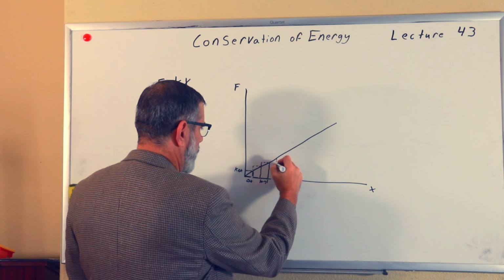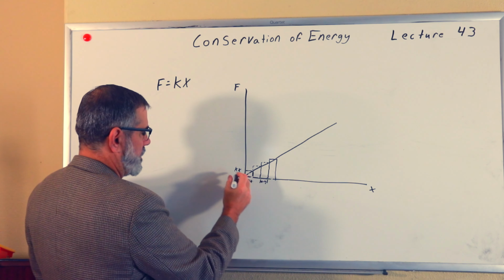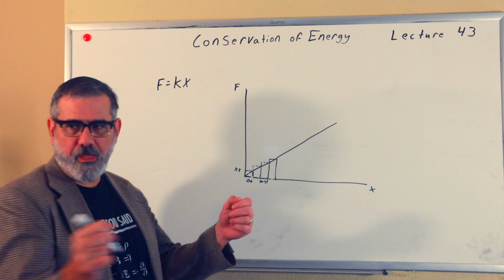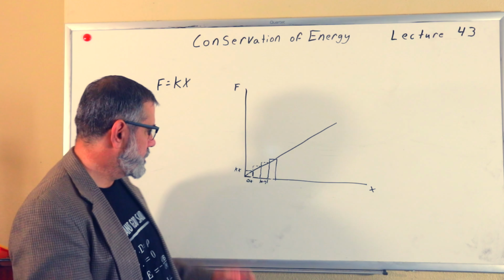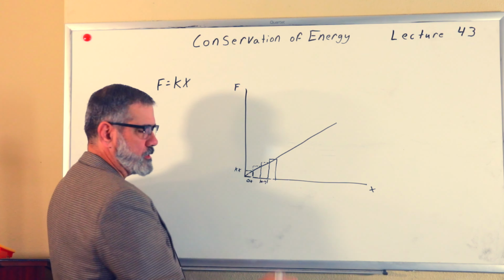So I add up this area, which is k delta x times delta x, plus this area, which is now kx, so how far I am from the equilibrium point of the spring. So this is always increasing. The rectangles are always getting taller, even though the widths are always the same, delta x. So I'm adding all these little things up.